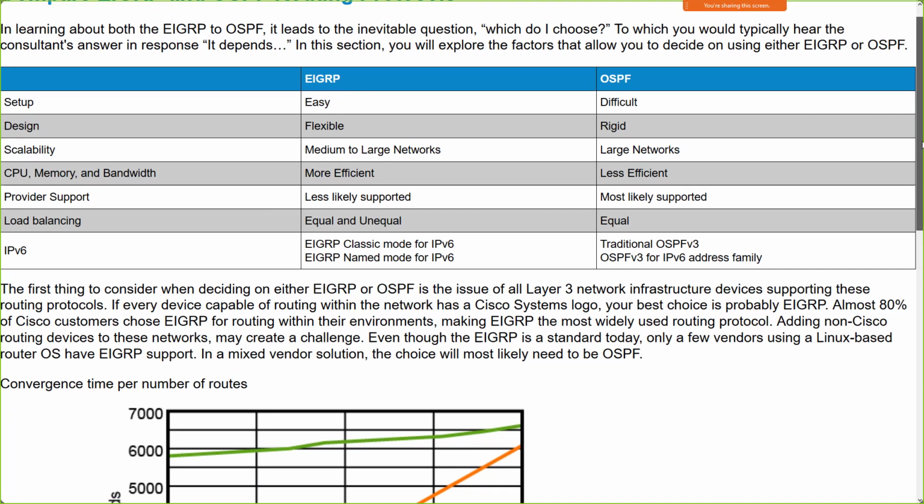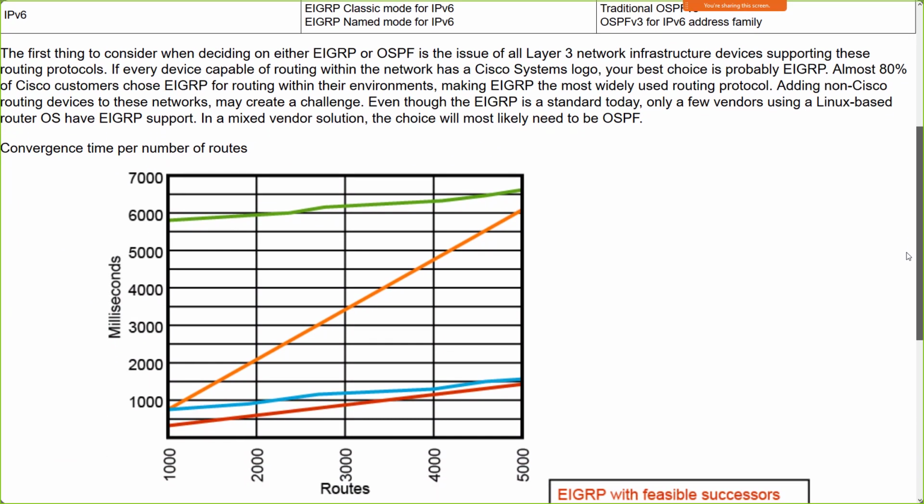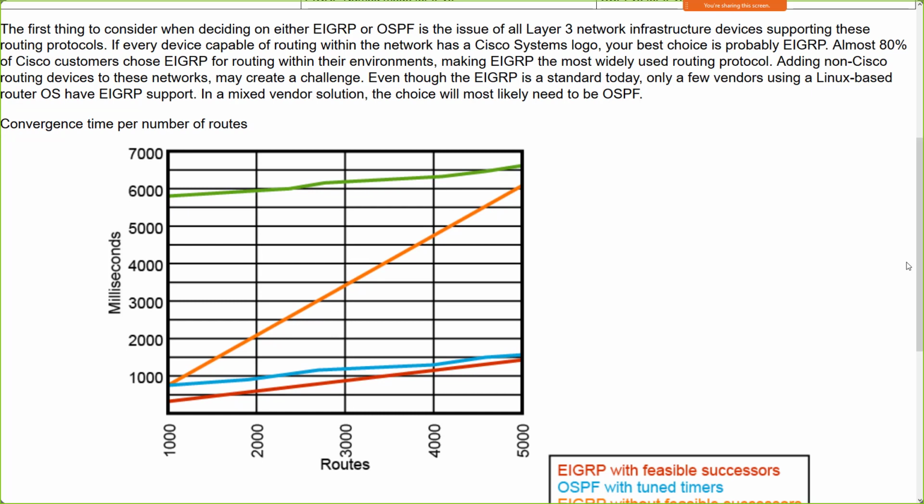So the first thing to consider if you're deciding to use EIGRP or OSPF is whether the devices in your topology support the protocol itself. Do you have an understanding of how the protocol works? Of course, we want to make sure that we have a vast understanding of how to implement the protocol and its features. Do we understand the impact of implementing specific features of the protocol within our topology as well?